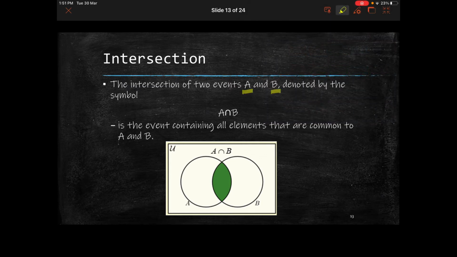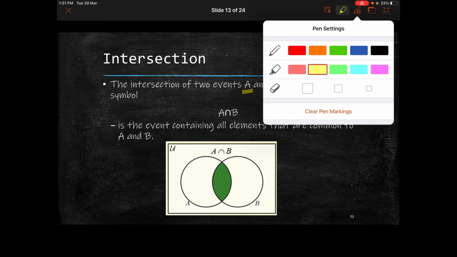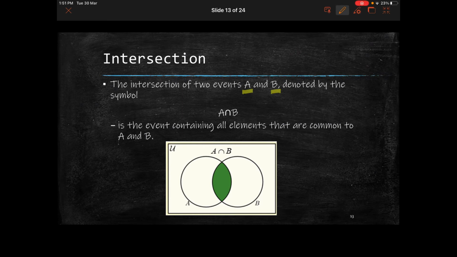Here we can assume that the sample space S contains all the numbers from 1 to 10. So here S equals 1, 2, 3, 4, 5, 6, 7, 8, 9.